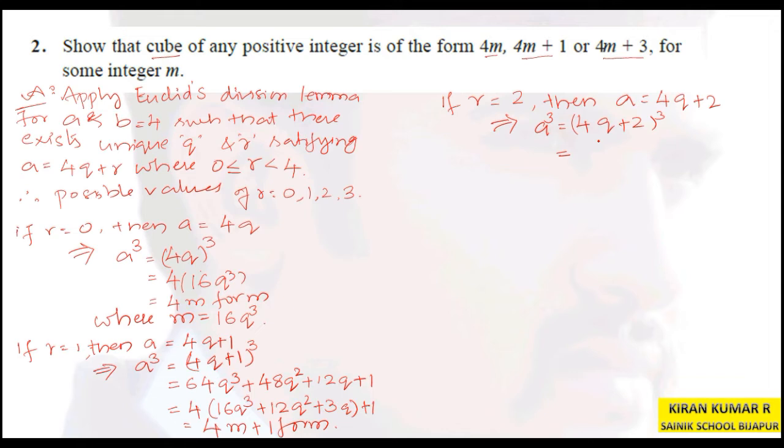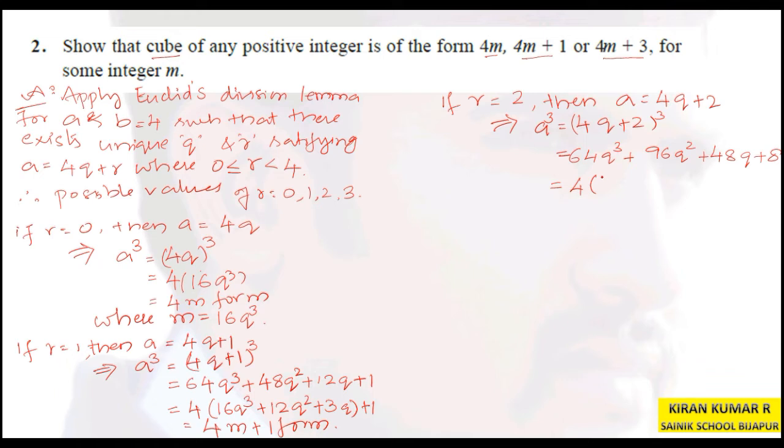We will be getting 64q cube plus 96q square plus 48q plus 8. We can take 4 common in all the terms.